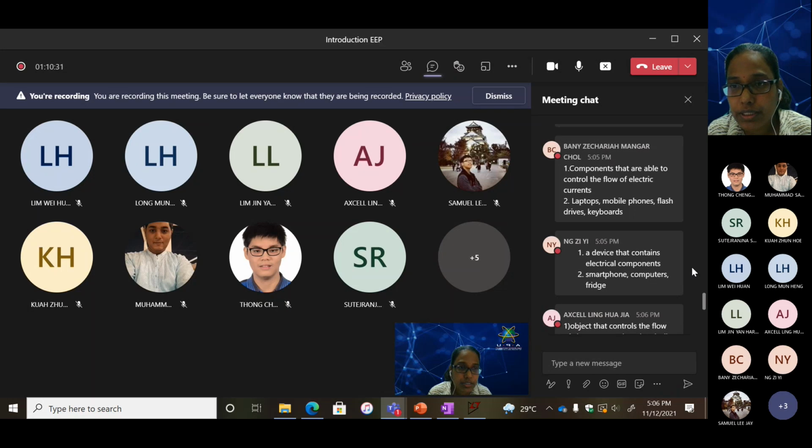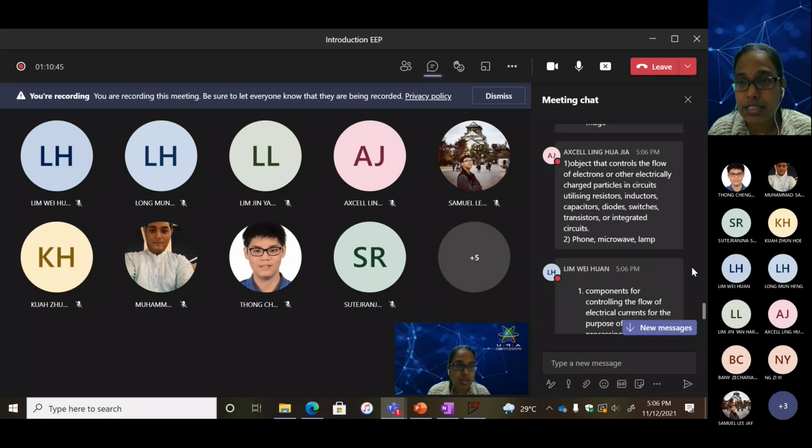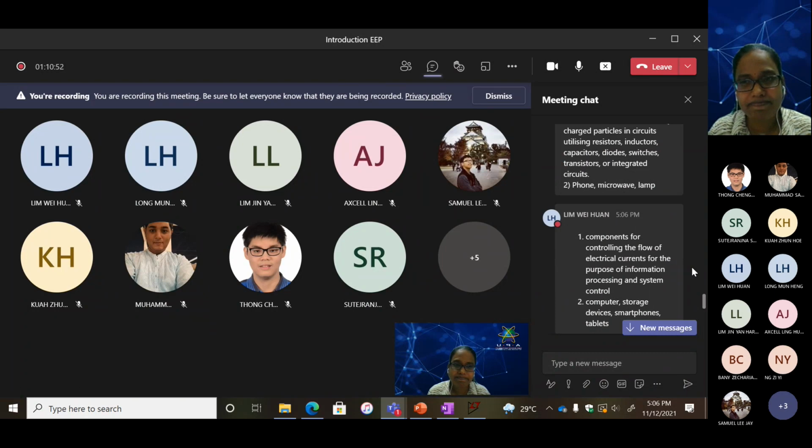Smartphone, computers. Objects that control the flow of electrons and other electrical charged particles in circuits, utilizing resistance, inductor. Okay, I accept your answer. The second one, phone, microwave. All right, at least I get it. Lamp. Okay.